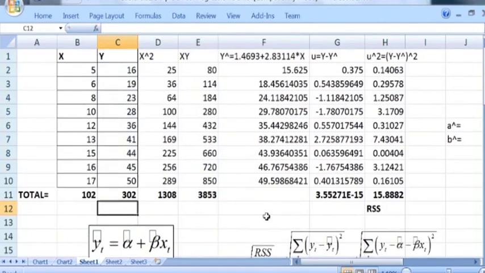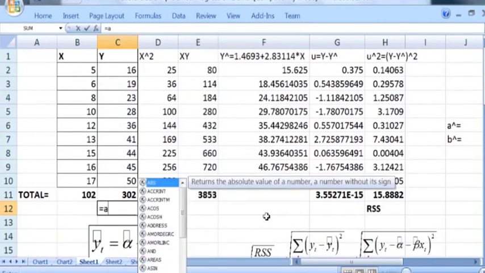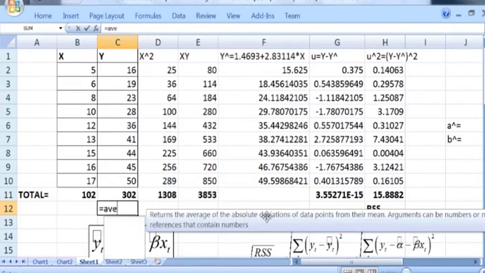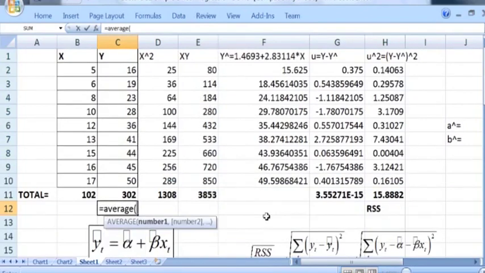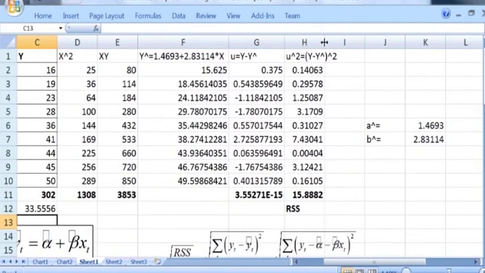Just put an equal sign and calculate y bar, which can be obtained by using the average command. So average of C2 to C10, press enter. So it is y bar, which is the average of y, 33.5556.